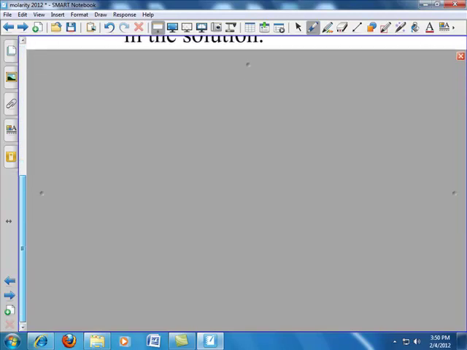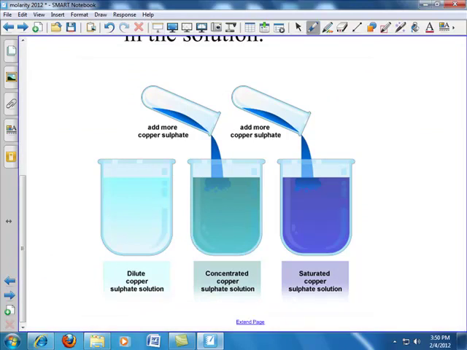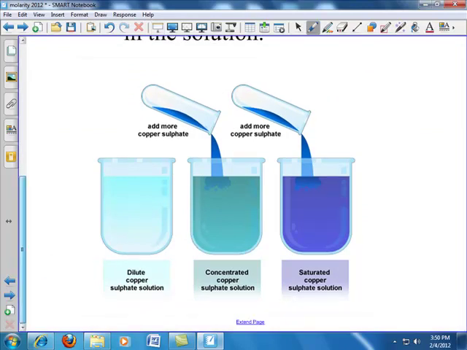Now, just to give you an idea here, here is a solution of copper sulfate. In the solution of copper sulfate over here, it's very dilute. In this second picture, we're adding more of the copper sulfate, so we're making it more concentrated. You can see that it's more concentrated, in this case, by the darker appearance.